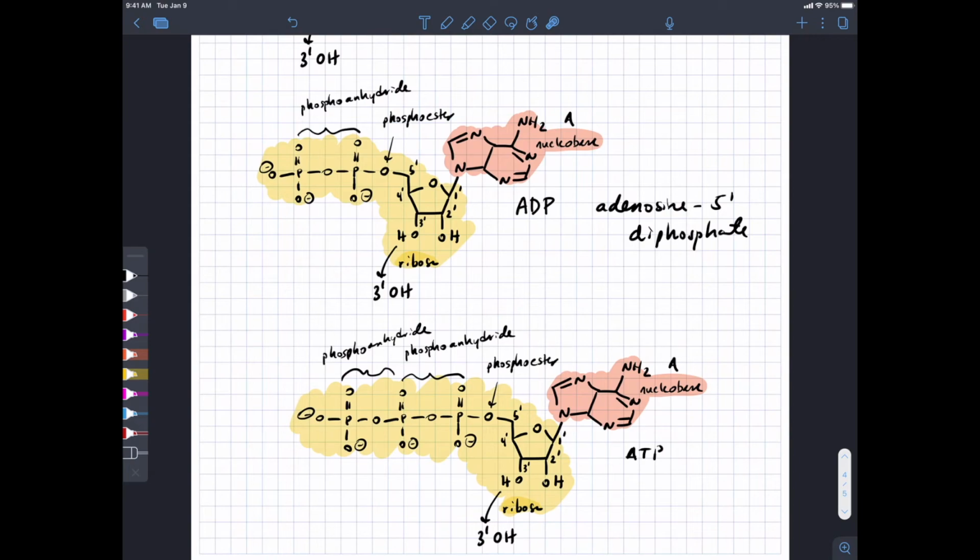I do want to say one thing, like you probably have been told before in elementary school or whatever, middle school, high school, that ATP is an energy carrier, and that the energy is released when you break a bond in ATP. All right, you break the phosphoanhydride bond and energy is released.